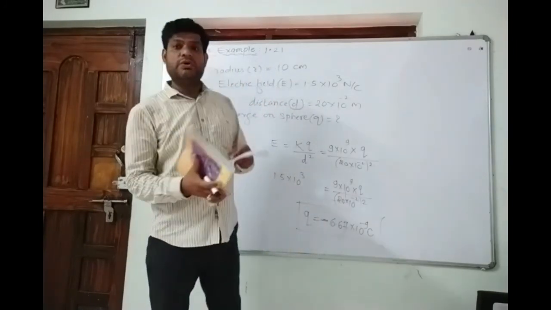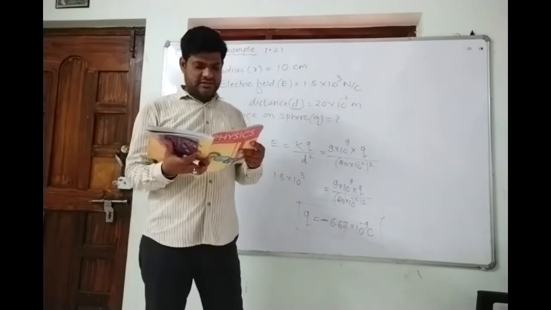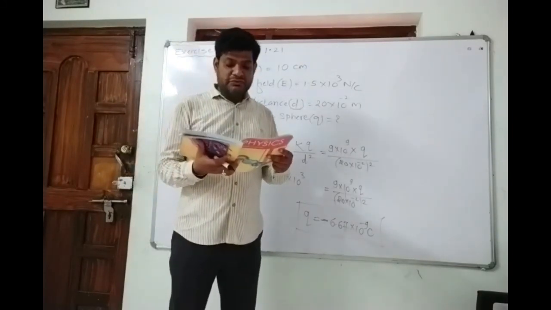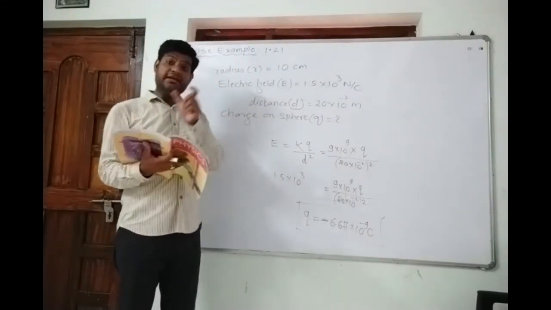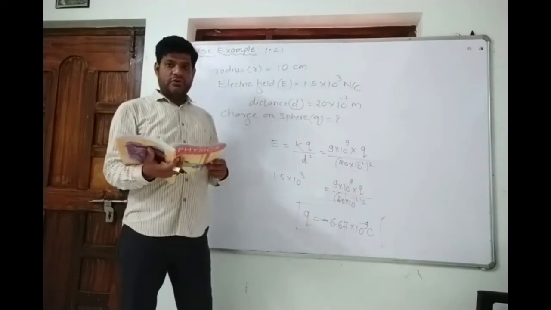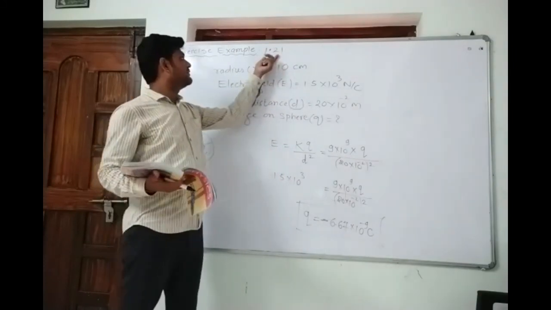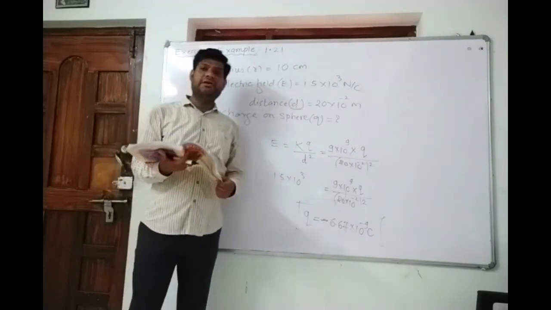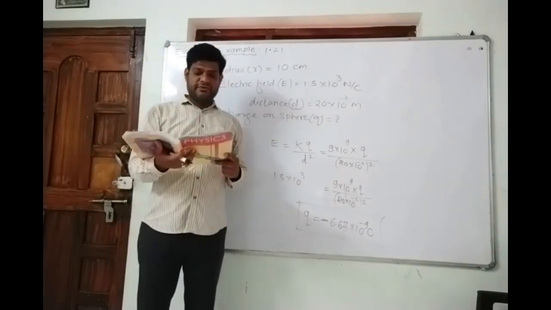Because in the question it is given that the electric field lines point radially inward, so for radially inward we write the minus. Okay, in this way we studied up to exercise example 1.21. In the next video we will see 1.22.